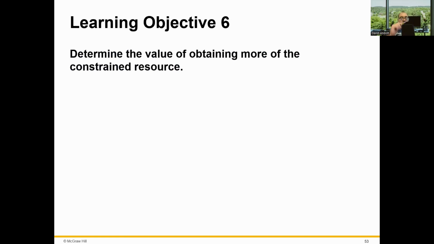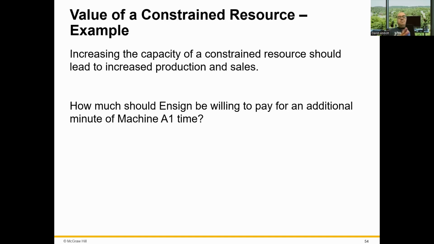All right, so learning objective 6: determine the value of obtaining more of the constrained resource. How much should Ensign be willing to pay for an additional minute of A1 machine time?